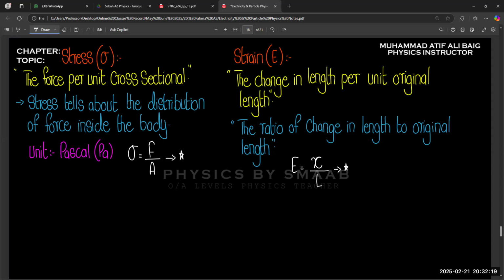X divided by L. X represents the extension and L represents the length. So this is the value of strain.